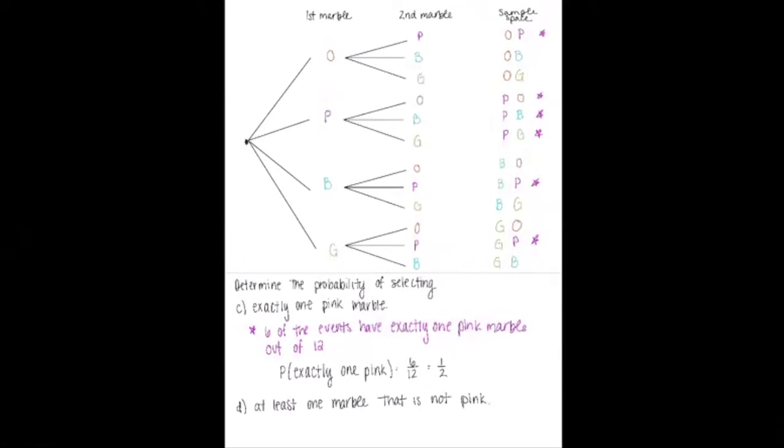Basically, if it starts to get complicated to sift through everything, the opposite of this is both of them would be pink. And that doesn't happen at all because once I've selected pink, it's gone. There's no replacement for pink.